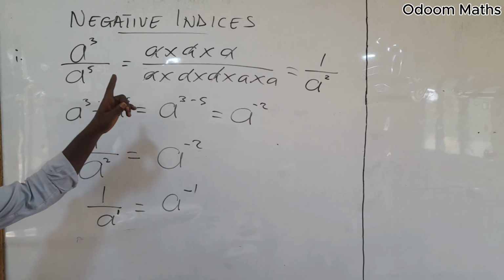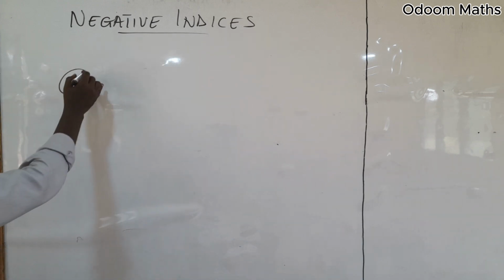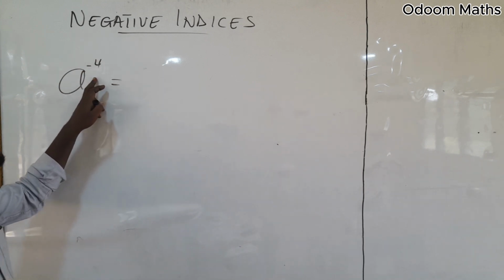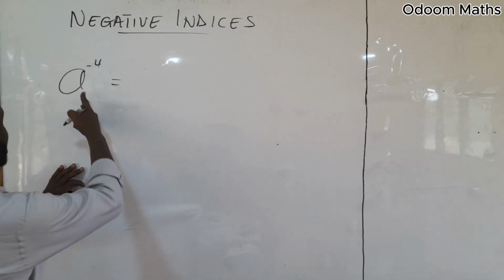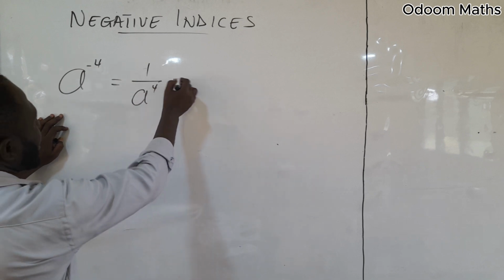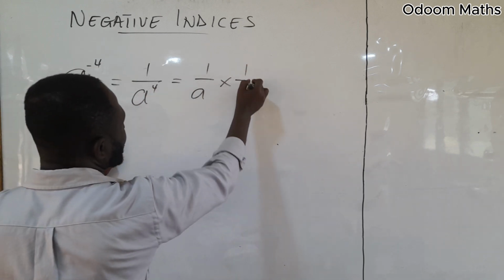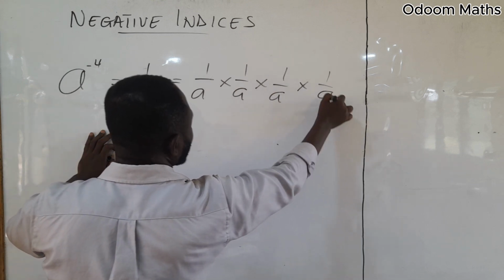Okay, let's look at the second one. Now, once again, let's look at a to the power negative 4. So we can say that when a variable is having a negative power, that variable becomes a denominator. So we can say this is 1 over a to the power 4, and we can write this as 1 over a times 1 over a times 1 over a times 1 over a.